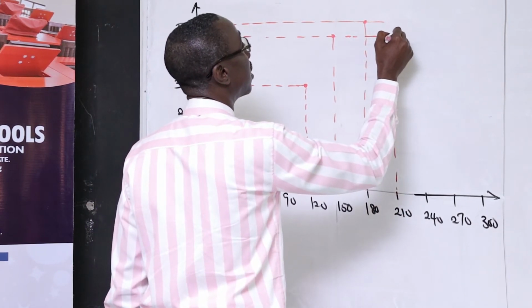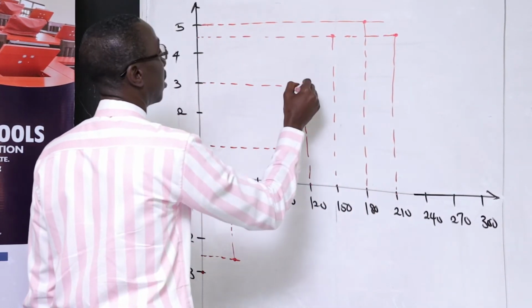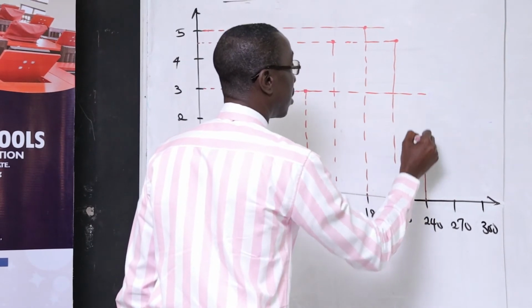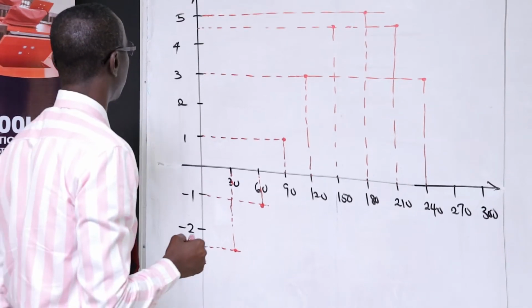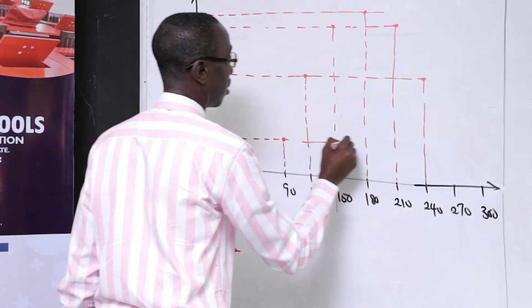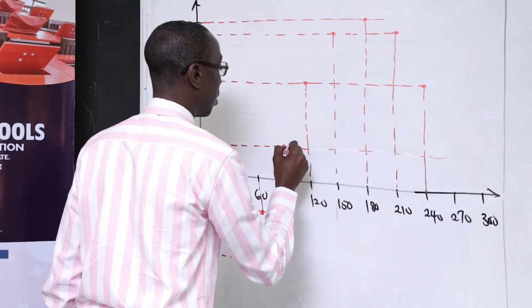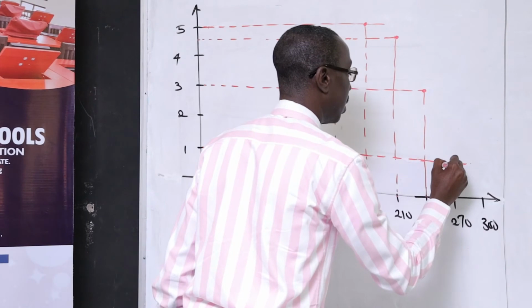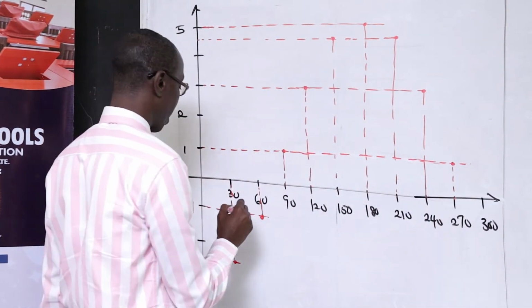Yes? 240, 3.0. Yes? 270, 1.0. Yes? 300, minus 1.0.